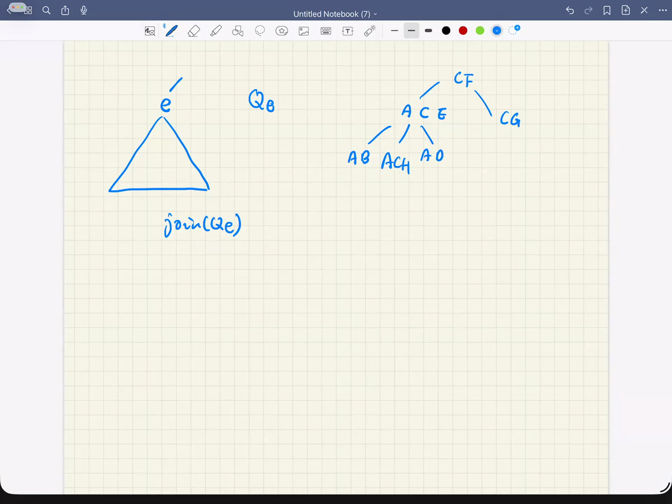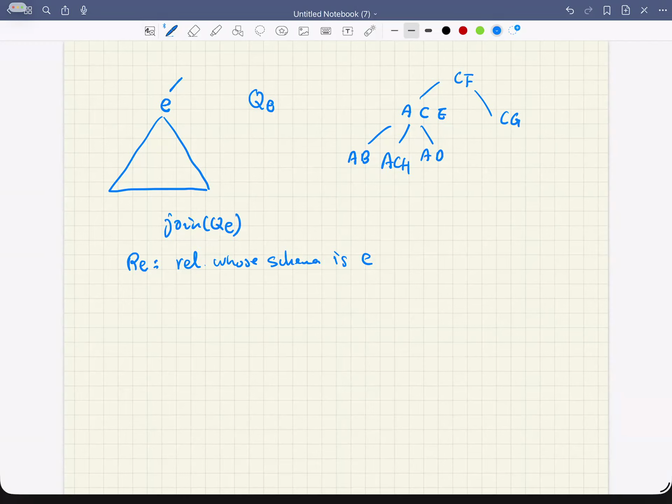Now, look at this R_E. In general, this is a relation whose schema is E. So look at this join result, that's one thing we're going to talk about. But we will also be talking about this R_E. This R_E is the relation right here. In my running example, consider ACE.